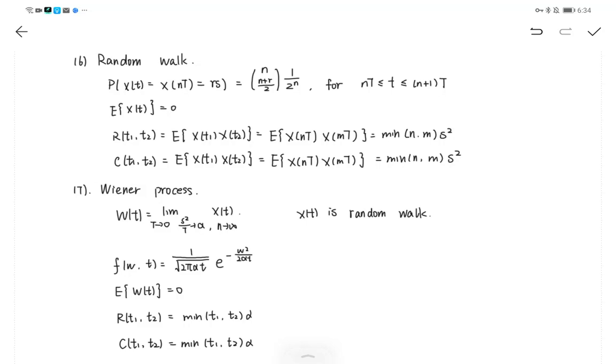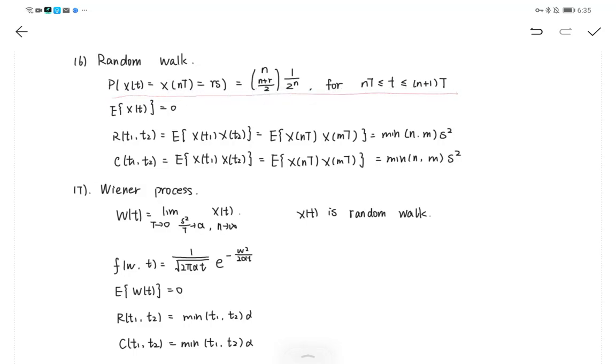The definition of random walk is very simple. It is tossing a fair coin n times, and k is the number of heads in n tosses. So we can write its first order probability masses here.